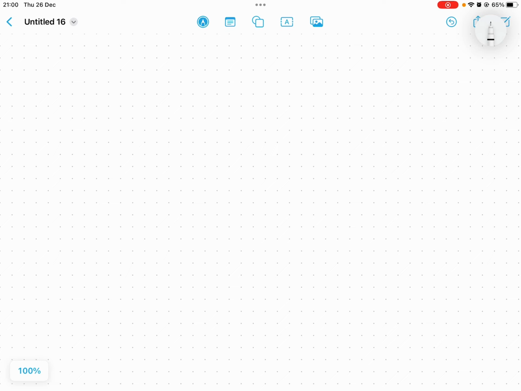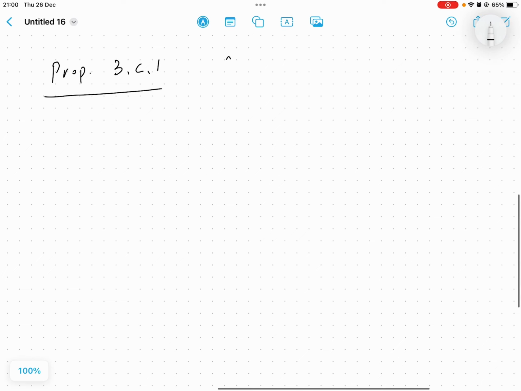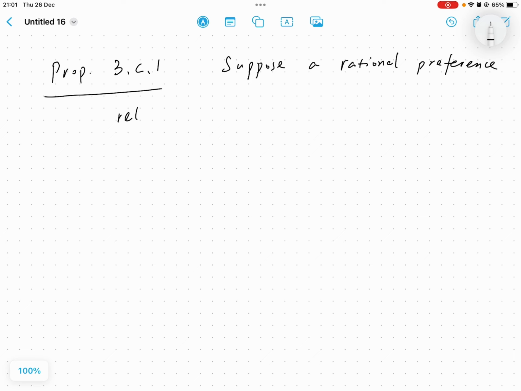So this comes to the proposition in the textbook, 3.C.1. It's saying that suppose the rational preference relation on X is continuous.